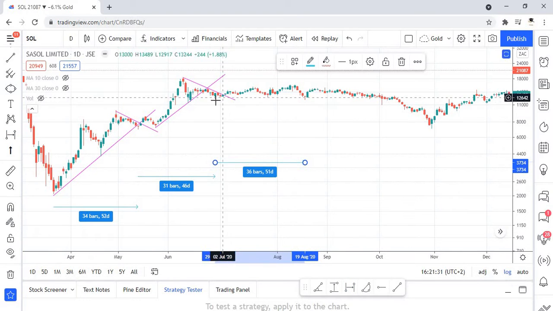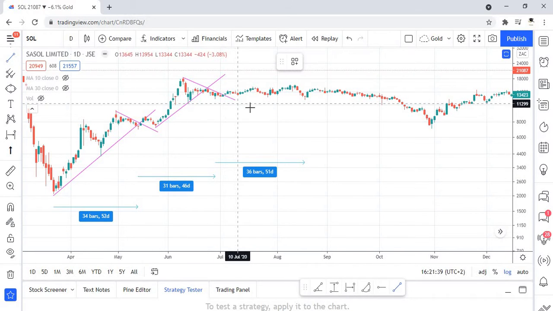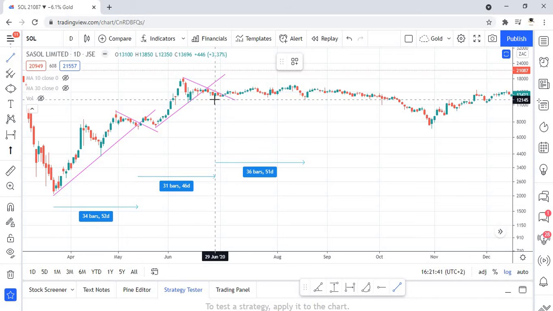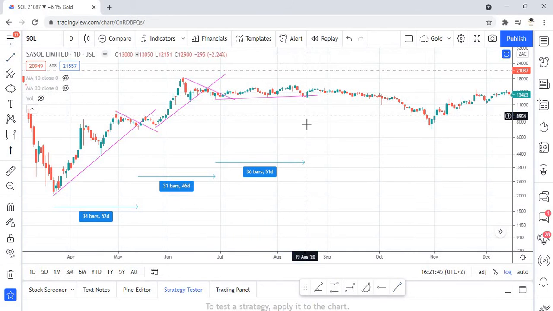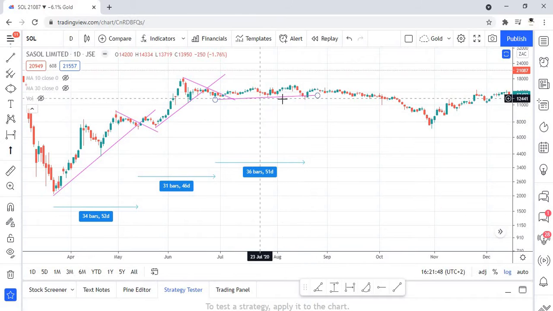Here again we can draw a trend line from here through there and another one from here through there. Then we can see that price is moving and breaking the trend line like we said. In this case it moved below this trend line to confirm a cycle low.